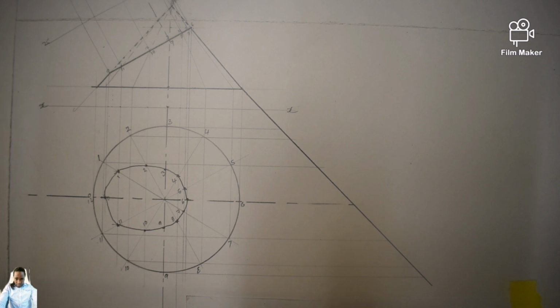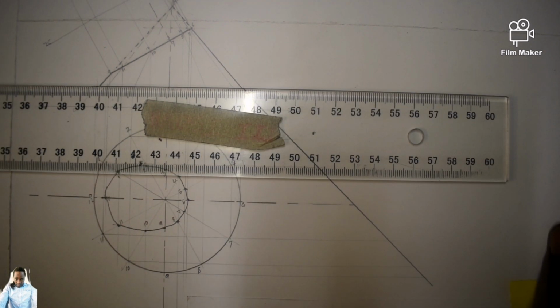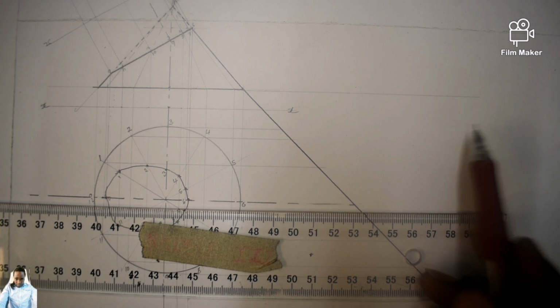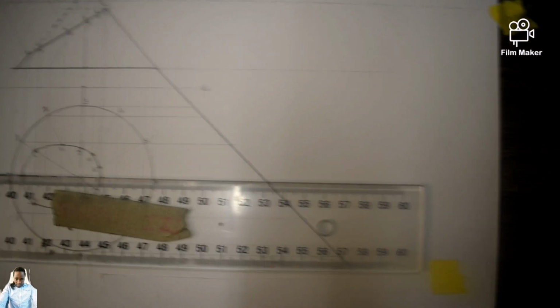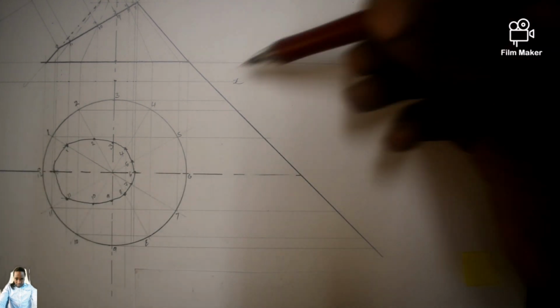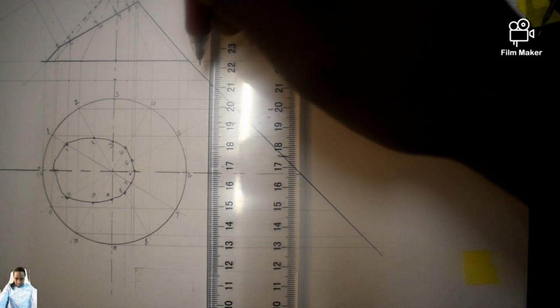But check this. Once they touch the bottom line of your front view, which means extend it as well, just a little bit, this side. Once they touch here, stop, because they will be going to your apex point.